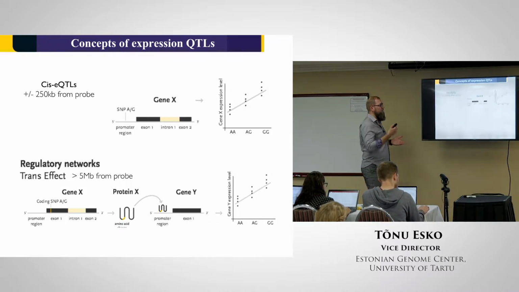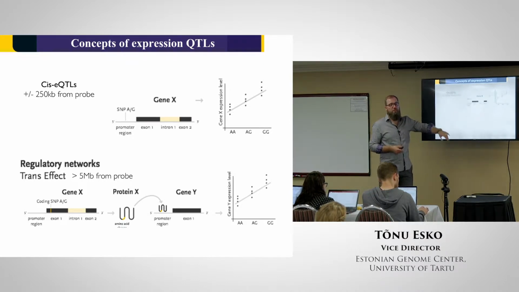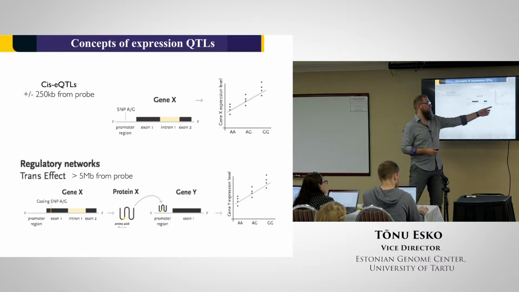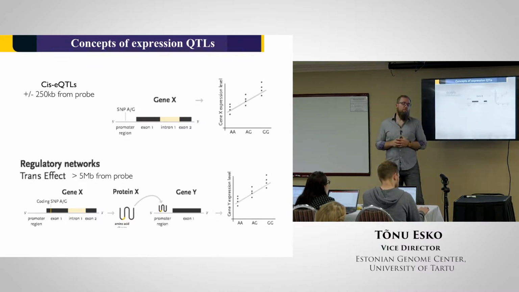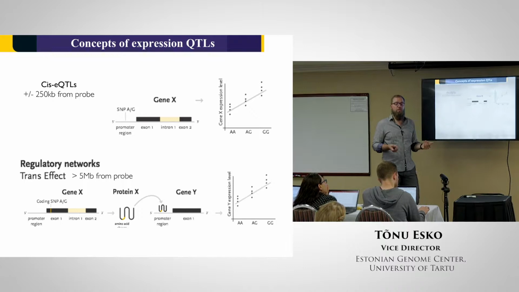The reasoning behind it is that if you have a variant that falls into a promoter region or some transcription factor binding region, then with a different genotype the gene will have different expression levels, and this is demonstrated here: with different genotypes, you have a linear correlation between your genotype and your expression levels.